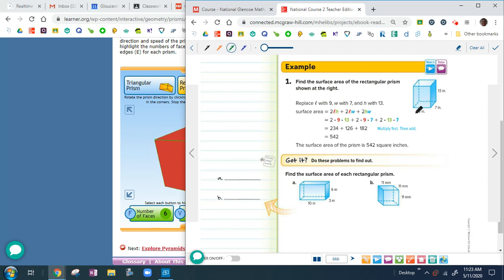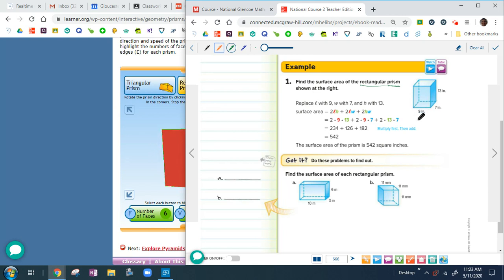First thing, if you're going to use the formula for rectangular prisms, is that you label each of the dimensions. So there's 3 numbers. They give you 3 numbers here for this rectangular prism. One's going to be the length, one's going to be the width, one's going to be the height, but it's easy to get them kind of mixed up.